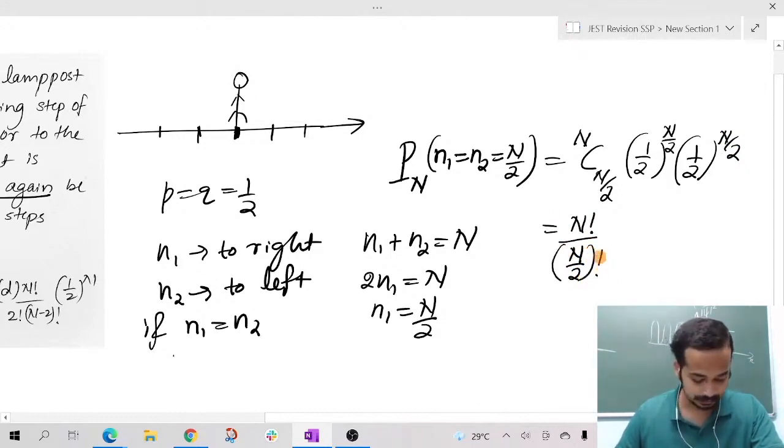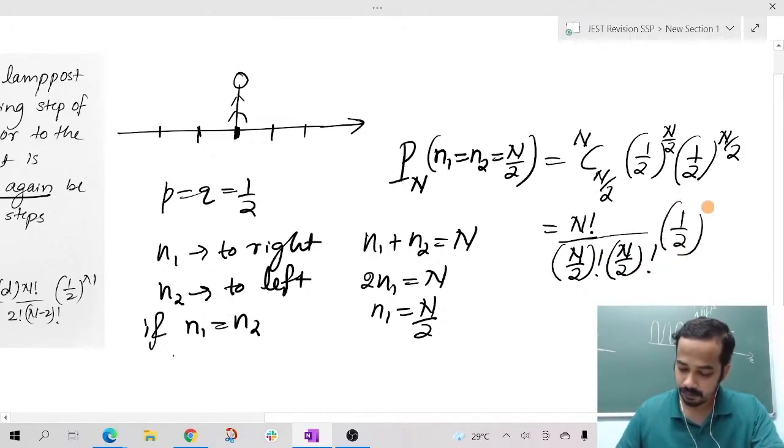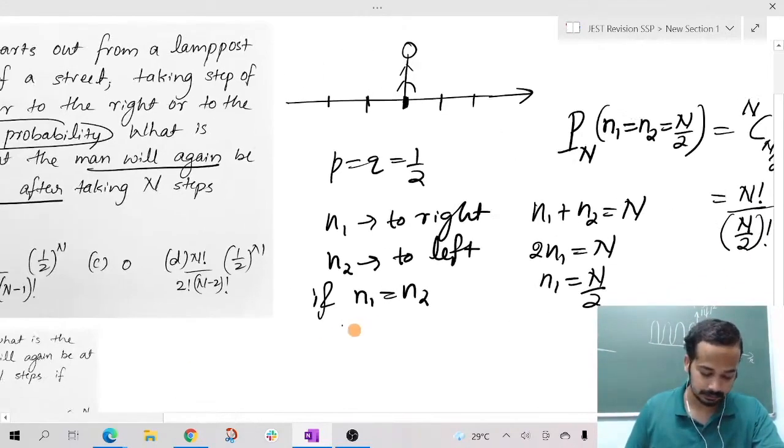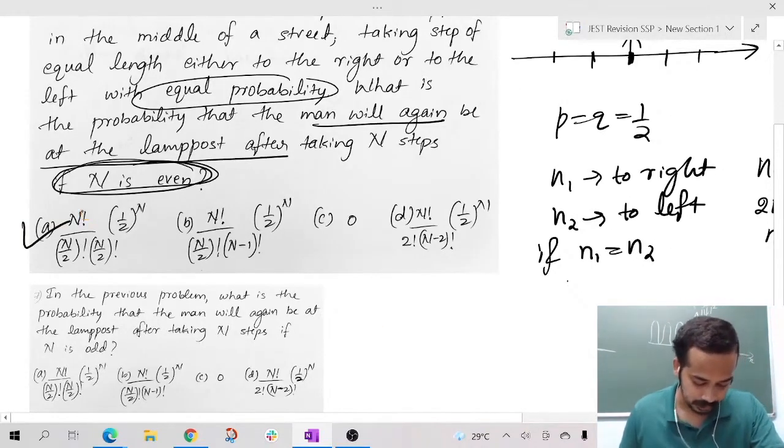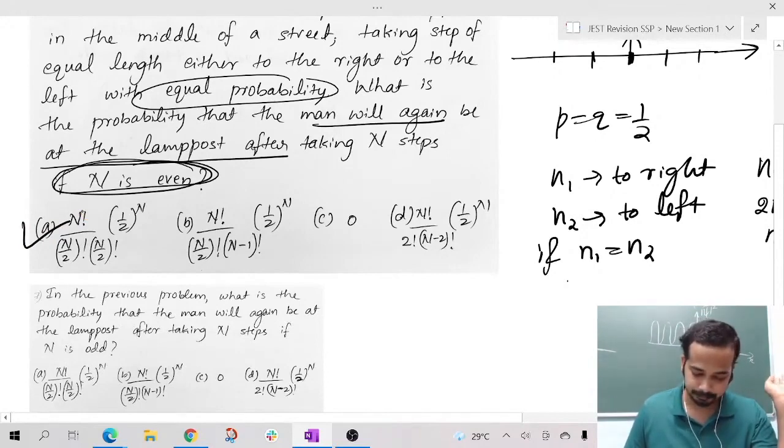Can I write like this? So half raised to n, can I write like this? n by 2 plus n by 2. This is the option. Is that okay? Speak out. Very simple. Yes, sir.